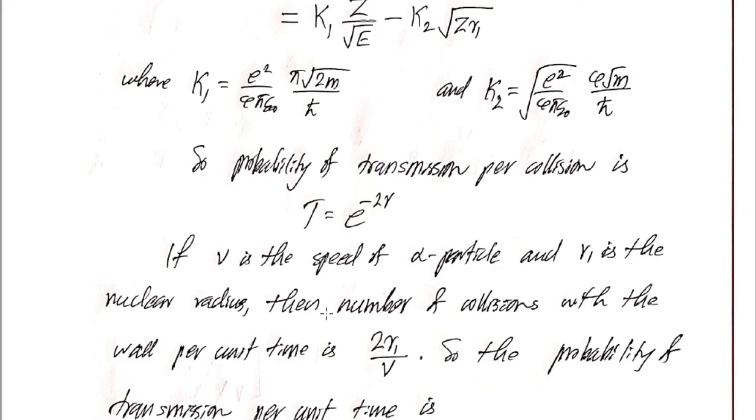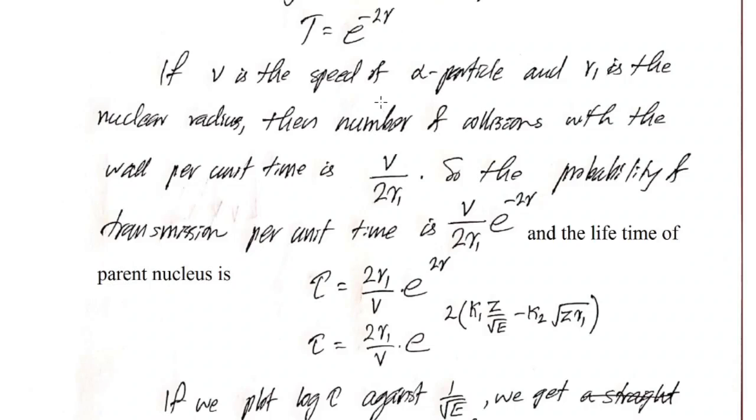If v is the speed of the alpha particle, then the number of collisions with the wall per unit time will be v by 2r1. It is the number of collisions per second. So the probability of transmission per second will be v by 2r1 into the probability of transmission per collision, that is v by 2r1 into e raised to minus 2 gamma.